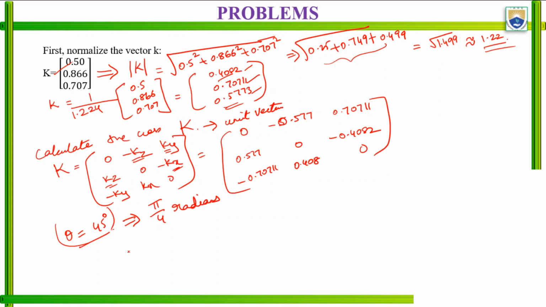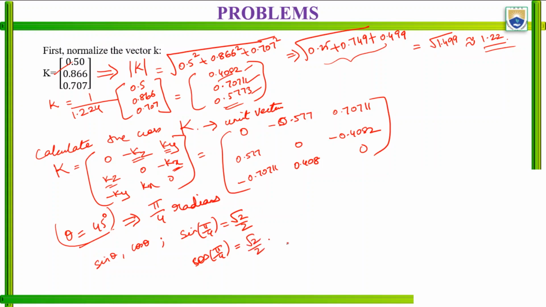Now, we need to substitute sine theta and cos theta: sine of pi by 4 is nothing but root 2 by 2, and cos of pi by 4 is again root 2 by 2.